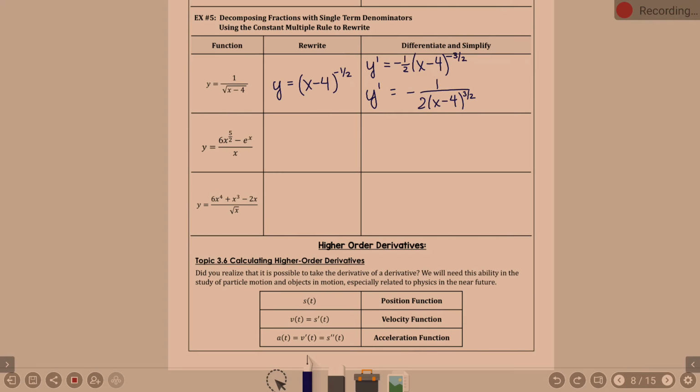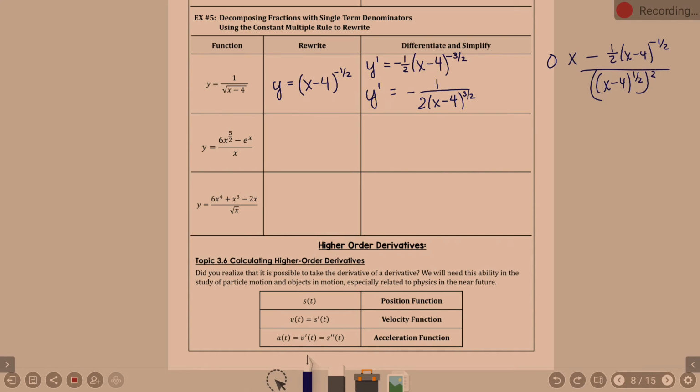Now, like Emma had talked about, I don't think she was the only one, she was just trying to use the quotient rule. If we look at that quotient rule, the derivative of the top is 0, times the denominator isn't going to matter, minus the derivative of that denominator, so you still have to do the 1/2 times x minus 4, except now it would be just subtracting the 1, and then you're still doing it over the quantity x minus 4 to the 1/2, squared. That's very doable.